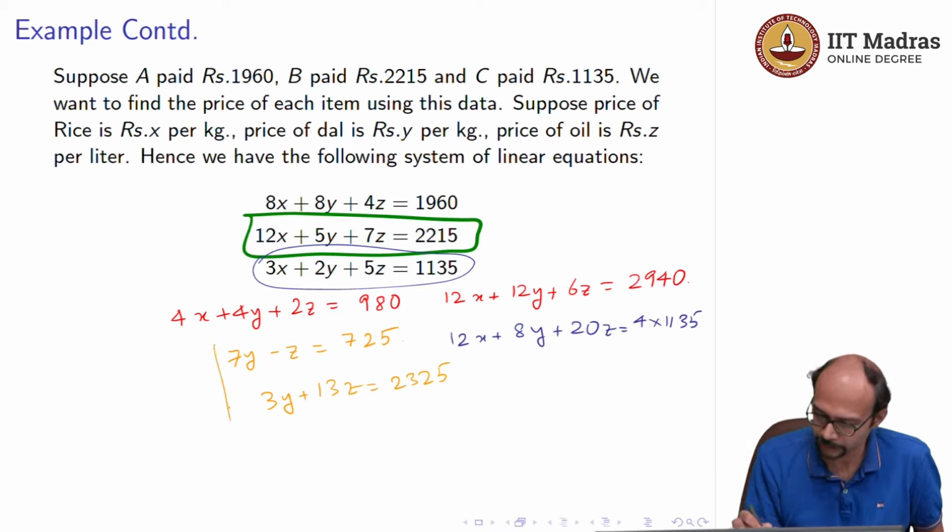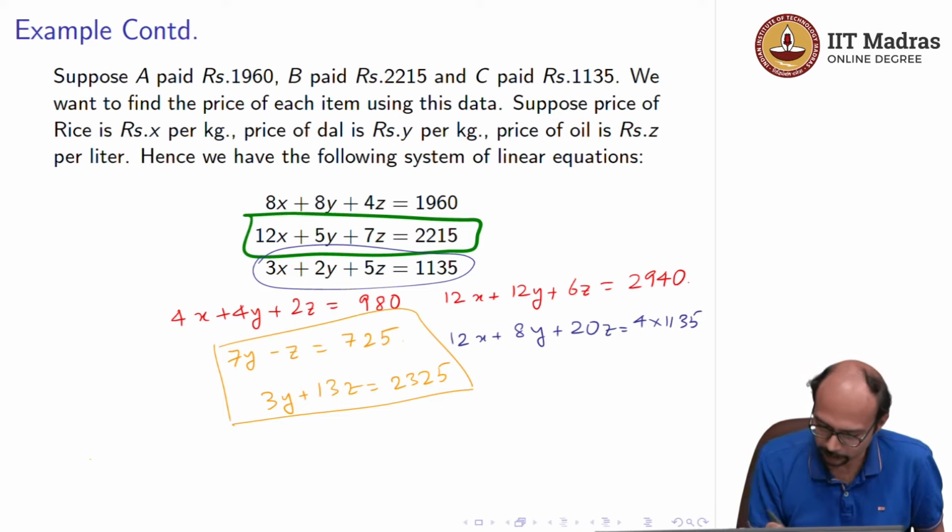Now we have two equations and two unknowns, namely y and z. Let's try and solve this. We can solve this by putting z equals 7y minus 725 and substituting in the second one.